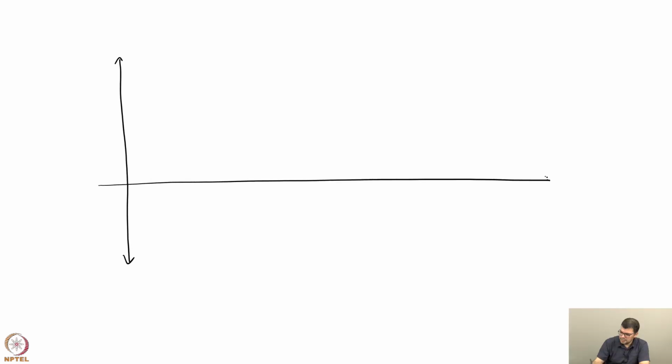So, if that is the case, then what is the sort of readout? One interesting readout is that I would like you to plot the following. Let us say this is the number of transfers, and this is fitness.